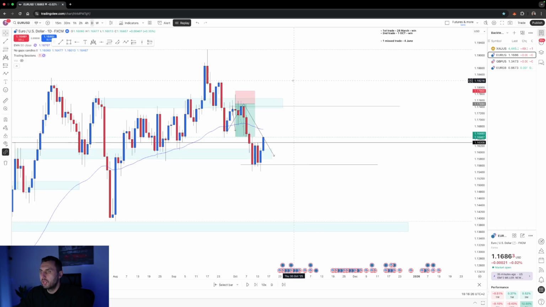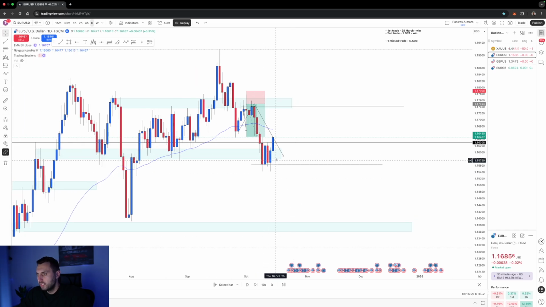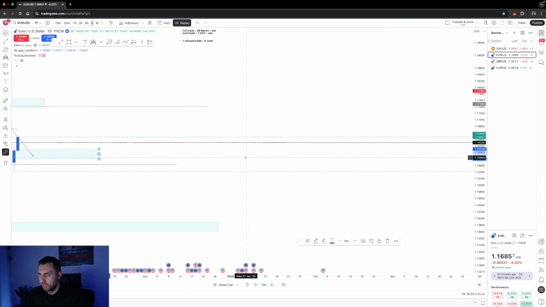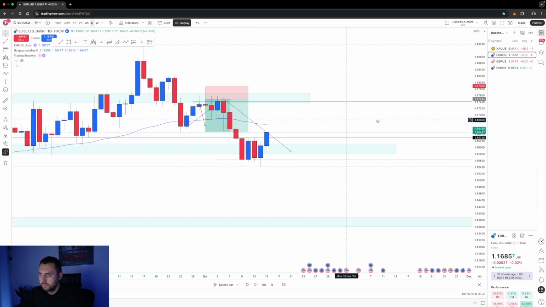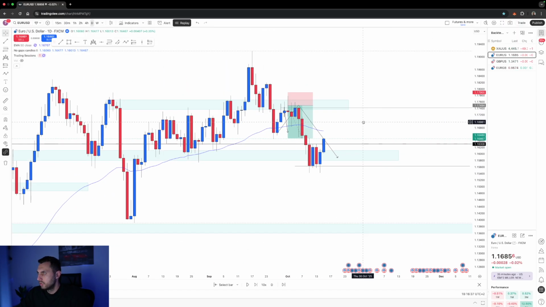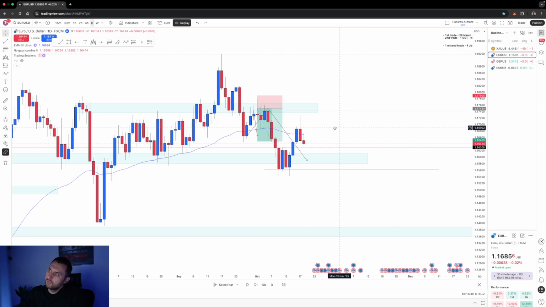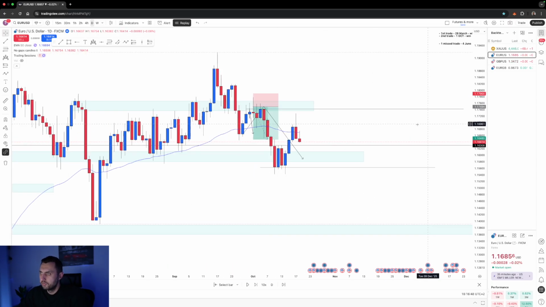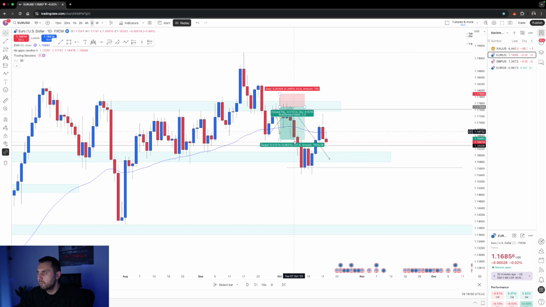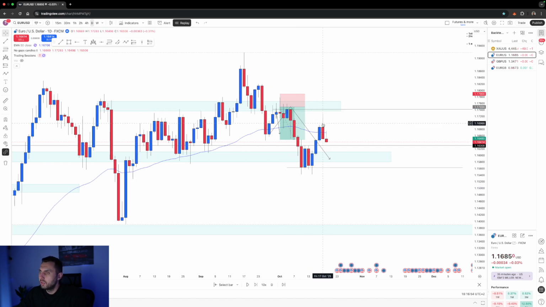Okay, let's see what the price is doing right now. We can see that it holds this support. What I'm seeing here is that the price created a lower low and now it's potentially creating a lower high.